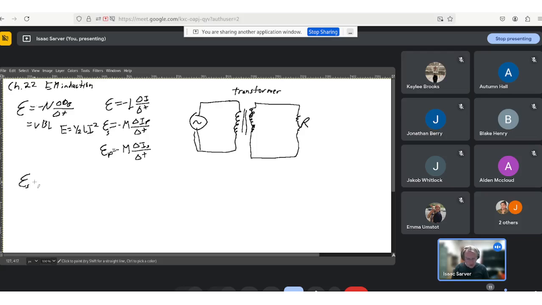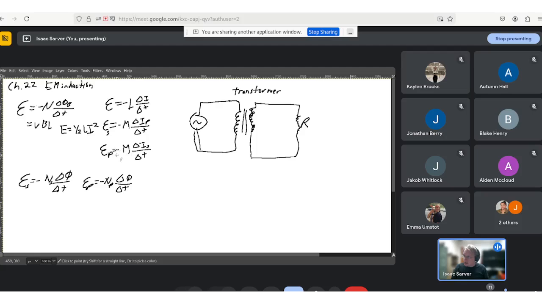So electromotive force in the secondary is equal to minus number of loops in the secondary times the change of magnetic flux over change in time. It doesn't matter. Apparently these guys are the same. And electromotive force in the primary is equal to minus N_P times change of flux in the primary over change in time.